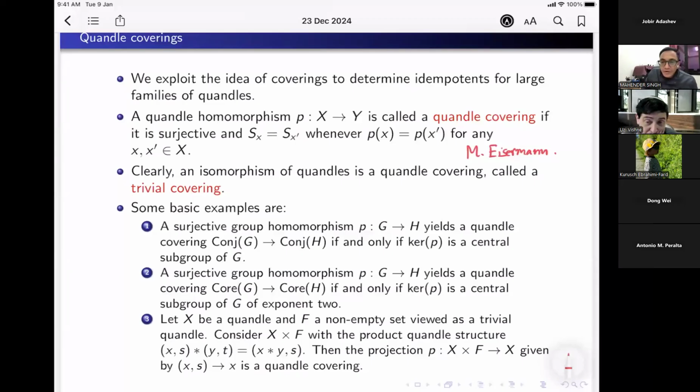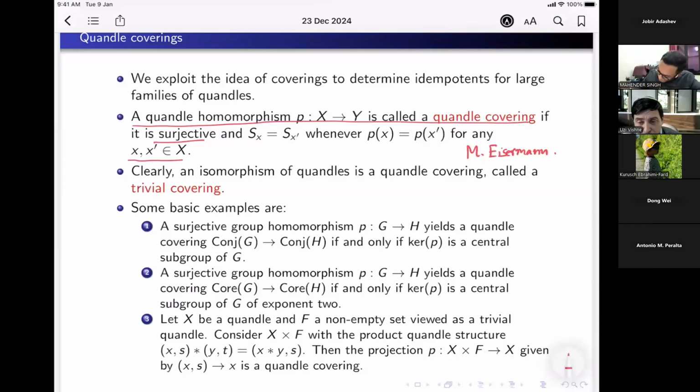Suppose that X and Y are two quandles, then a quandle homomorphism p is called a quandle covering if it is a surjective map, and for any 2 points x and x prime in the same fiber, that is, in the fiber of the same point, the right multiplication is the same.